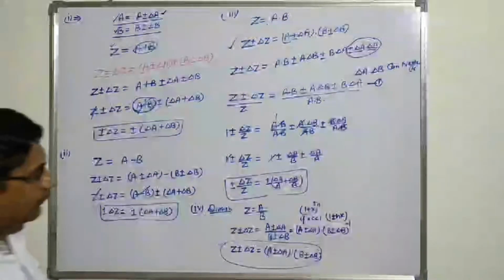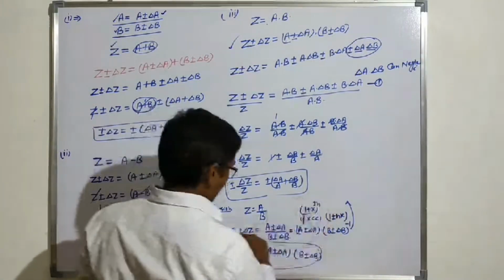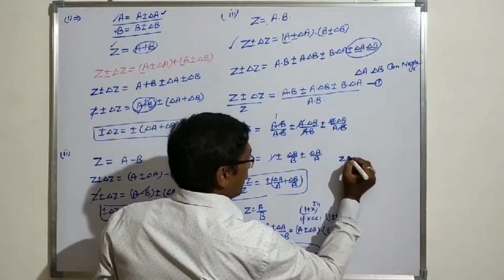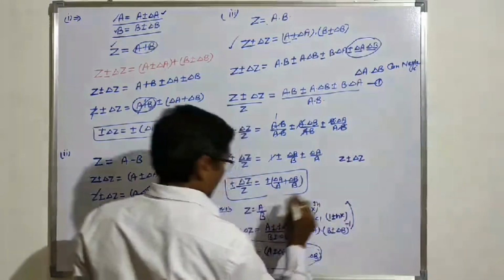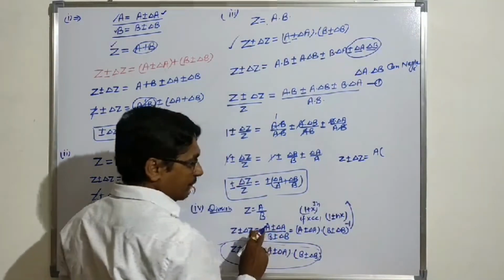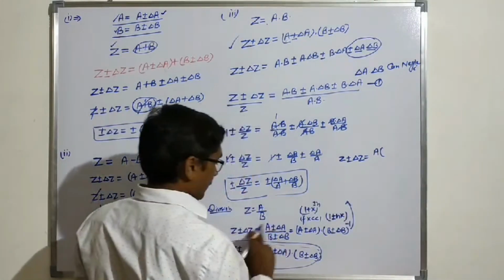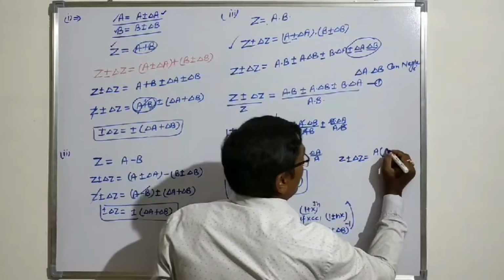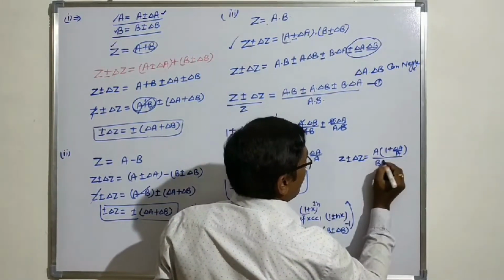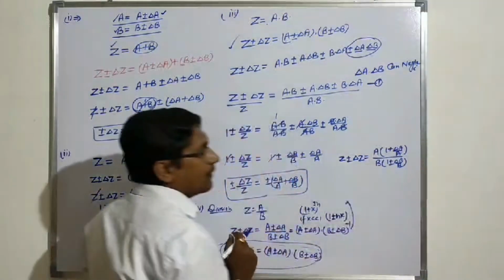Or in another method, this step can be written as z plus or minus delta z is equal to, here a is common, so a into 1 plus or minus del a upon a, and b into 1 plus or minus del b upon b, right?